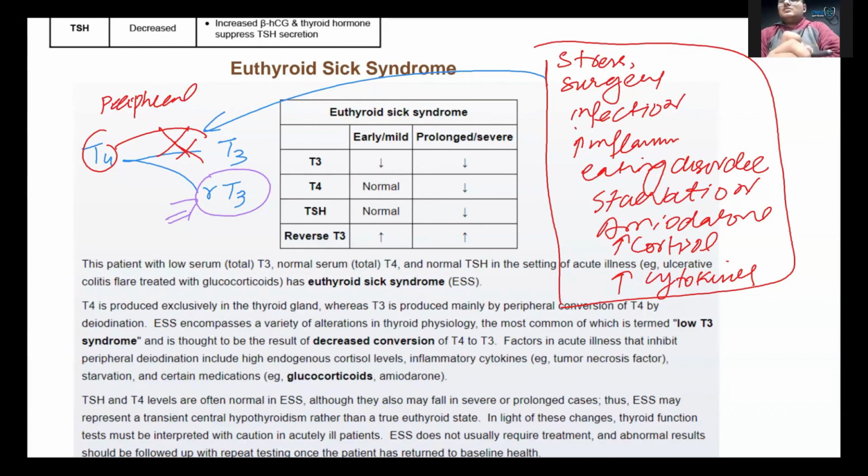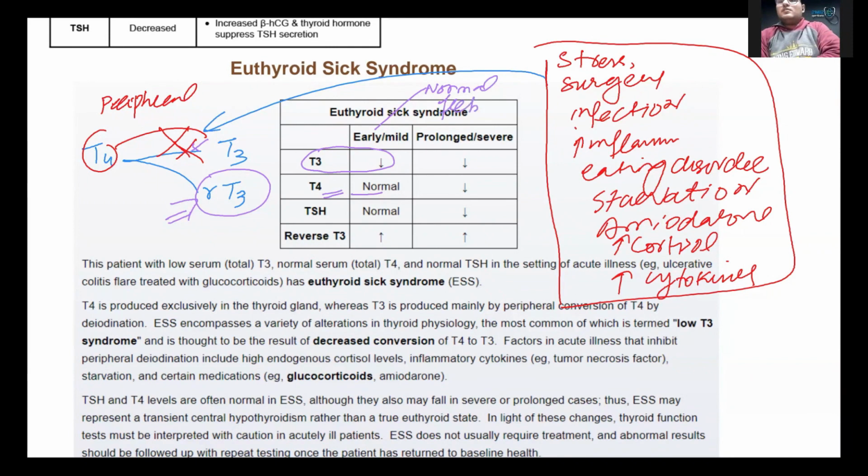Okay, so when there is euthyroid syndrome in the early period, what will happen? There will be decreased T3 because there is decreased conversion. T4 will be normal because in mild cases there is normal feedback.